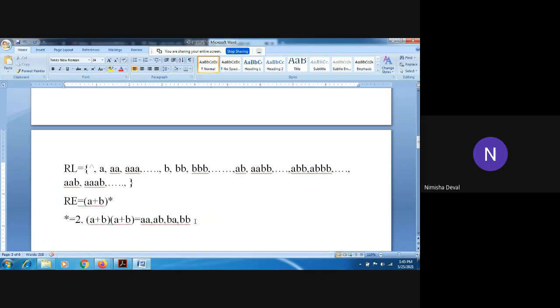Now suppose I have written star value as 3. Then how many occurrences of this bracket? Yes, I have replaced the Kleene closure value by 3. Then how many occurrences of (A+B) will be there? 3 times. Correct.